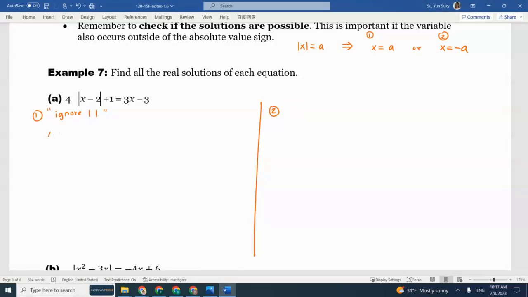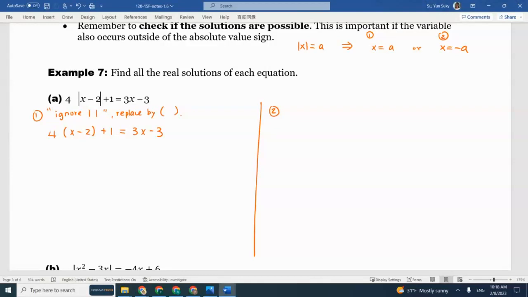So you get 4, ignore the absolute value, but then replace it by parentheses. Okay, so 4 times x minus 2, plus 1 equals 3x minus 3. Okay, so this is the first one.